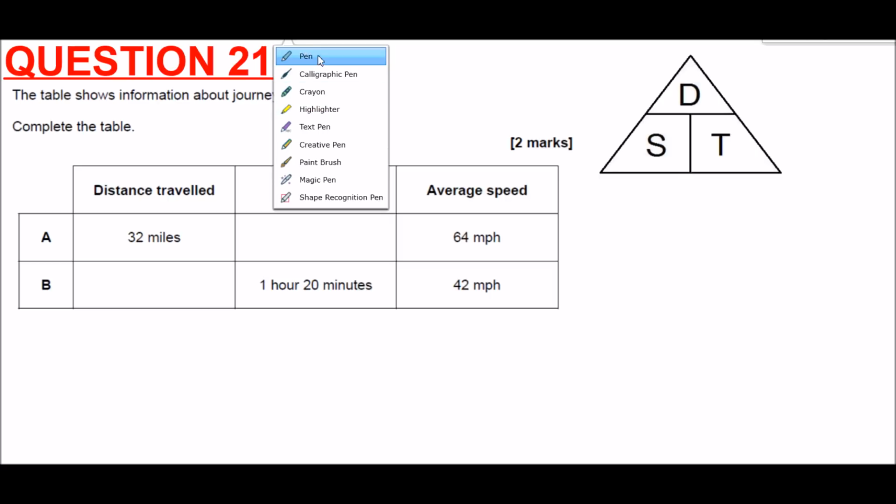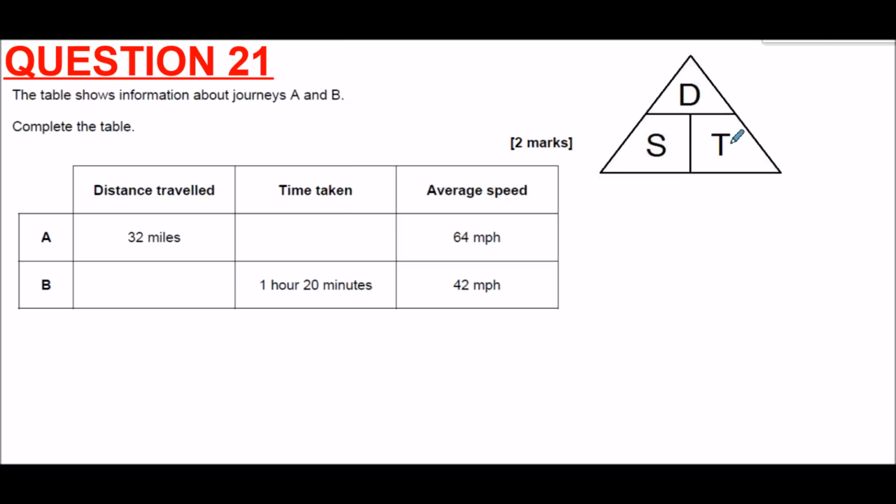So first of all, what we can do is cover up time over here. What we'd have left is distance divided by speed. Time equals distance travelled divided by speed. If you're not sure it means divide, just think of it as a fraction. We've got d on top, s on the bottom.